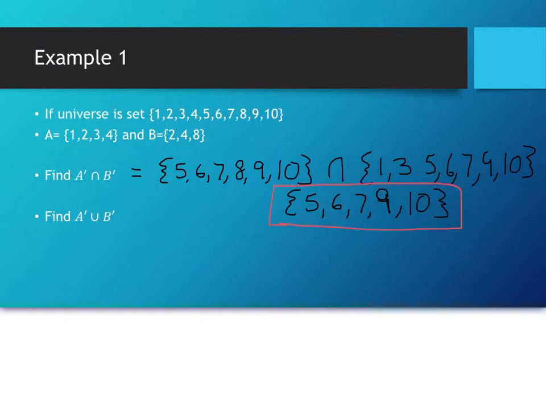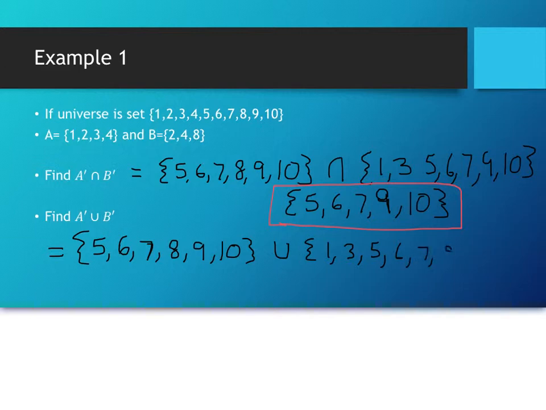Alright, so A complement, I'm going to write it down again just because I want to be thorough about this. 5, 6, 7, 8, 9, 10. Union 1, 3, 5, 6, 7, 9, 10.